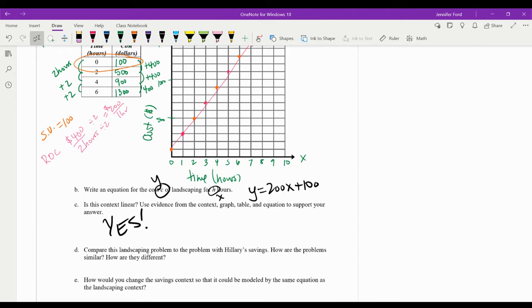Compare this landscaping problem with Hillary's savings. How are the problems similar? How are they different? They're similar because they're both adding 200 every time. And then how are they different? There's two things that are different.